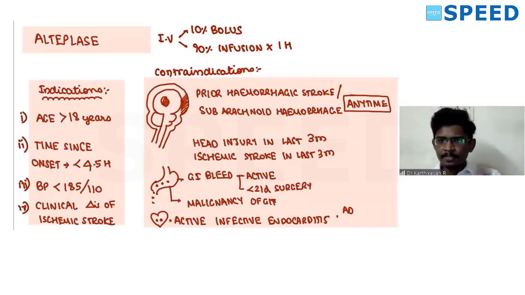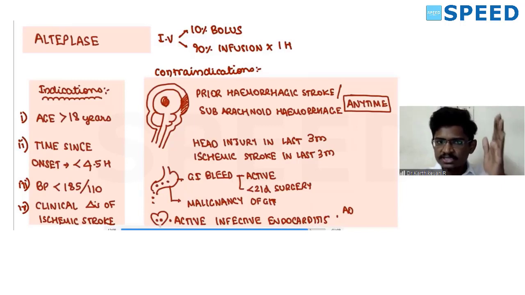These vegetations can get detached, and can also embolize the brain, resulting in embolic strokes. So in such patients, if you give thrombolytic agents, infection combined with the bleeding agent will bleed drastically. So it becomes an absolute contraindication.